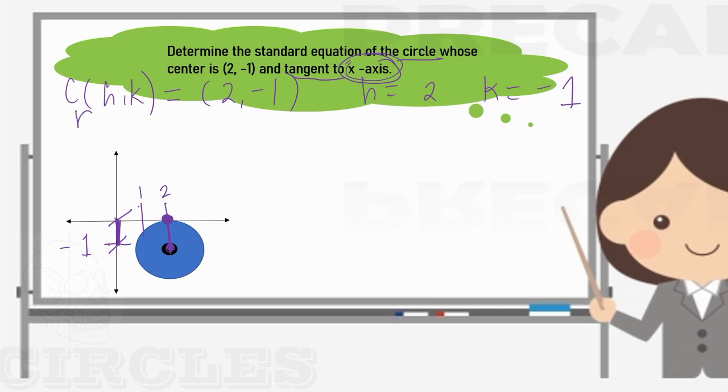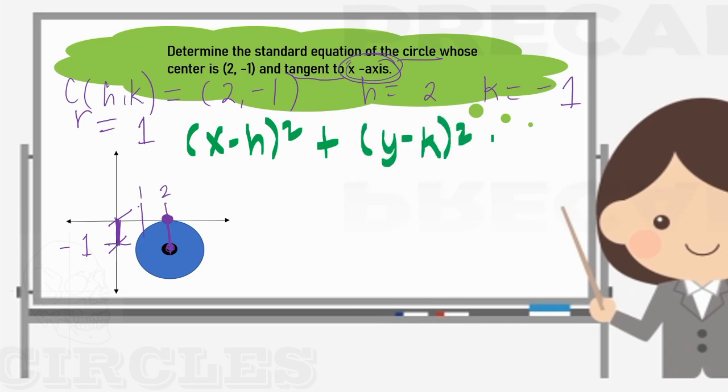So, nahanap na natin yung radius. So, radius natin is equal to 1. And again, yung ating favorite na formula, x minus h squared plus y minus k squared is equal to r squared.